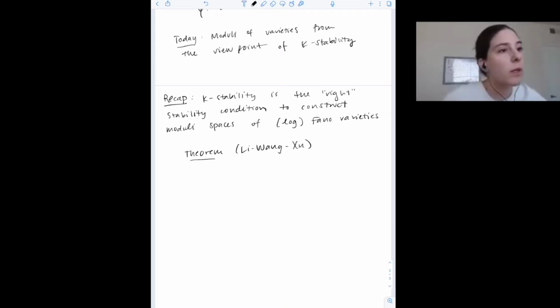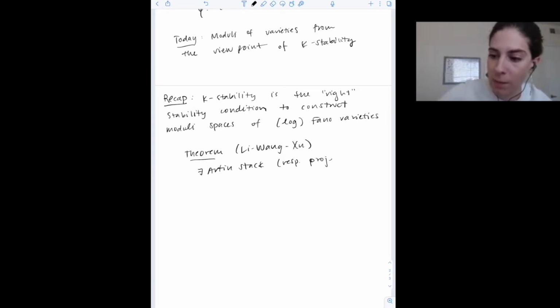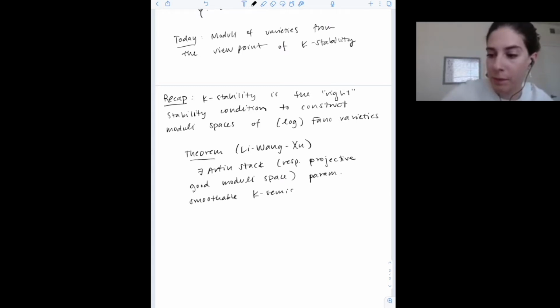So this is a theorem of Li, Wang, and Xu, K-stability being the right notion to construct moduli spaces of log Fano or Fano varieties, is that there is a nice moduli stack or a good moduli space, so just a nicely behaved parameter space that parameterizes smoothable K-semistable, or if you're looking at the moduli space, K-polystable Fano varieties with fixed volume and dimension.